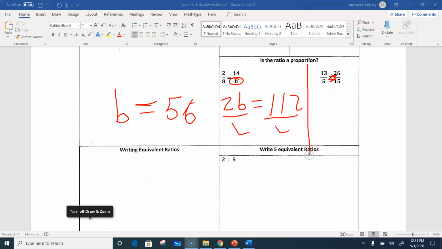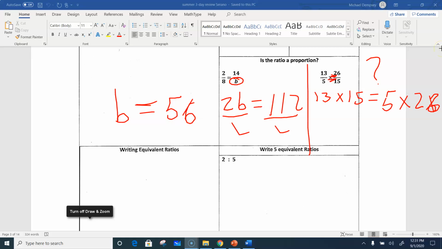Now, is this proportional? So we answer the question, is 13 times 15 equal to 5 times 26? Right? We're basically asking that question. If the ratio is a proportion, then cross multiplication has to be.